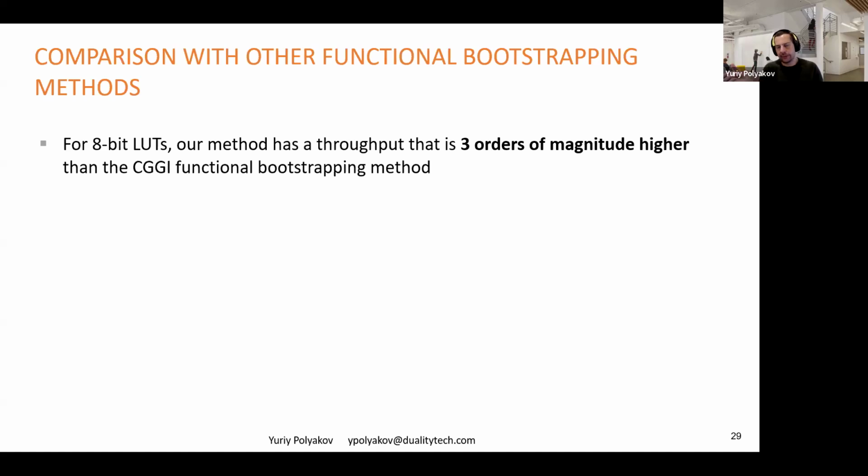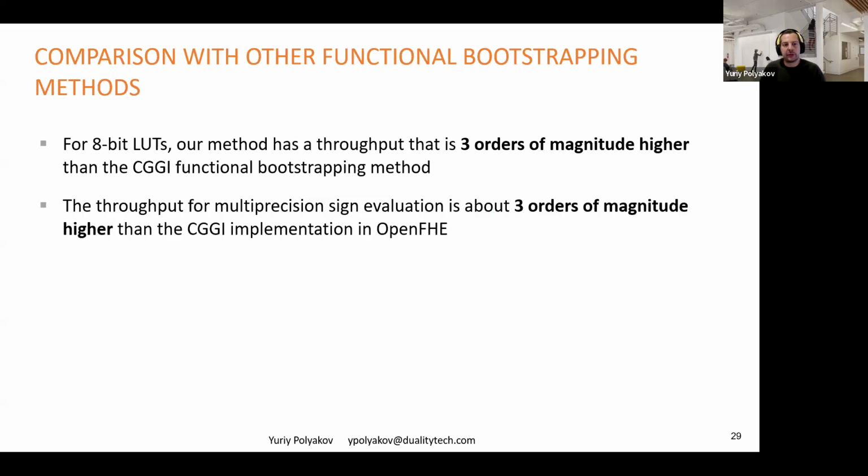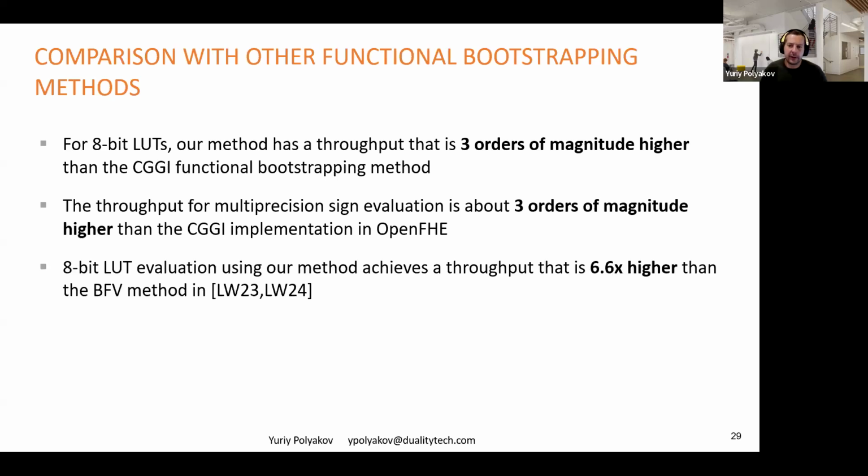Of course, something to note is that for smaller precision, this gets closer to 2 orders of magnitude, because the way the CKKS-based approach scales is, I would say, more graceful for larger precisions than the TFHE one. Also, we compared the runtimes for multi-precision sign evaluation with the prior OpenFHE implementation, published in the AsiaCrypt paper, and we see roughly 3 orders of magnitude improvement there.